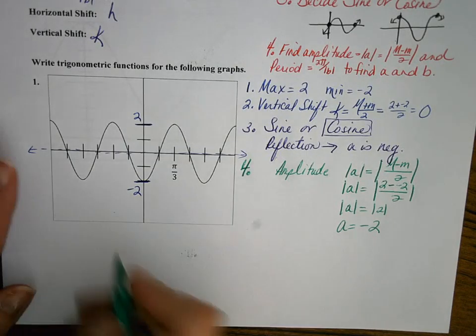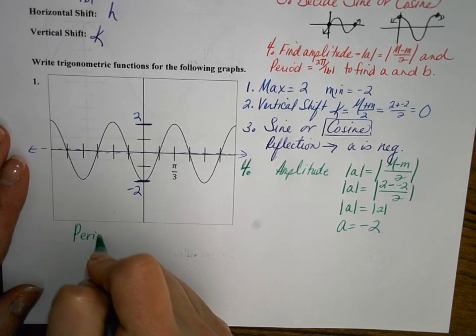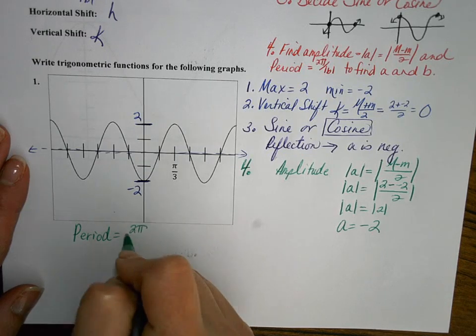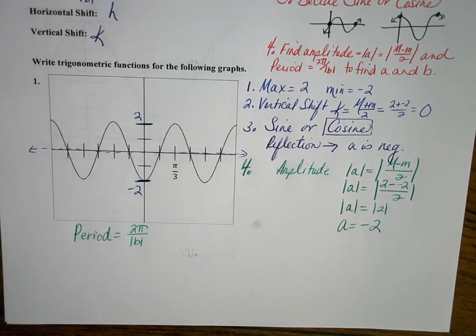We know that the period is 2 pi over the absolute value of B. Now I got to go to my graph, because my graph is going to help me calculate that period. What is the period of this graph? What's the only thing they give me on this graph?